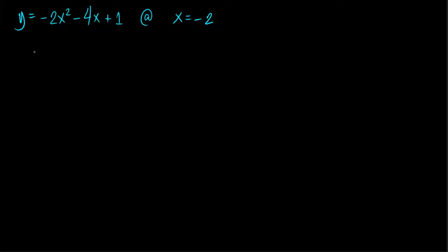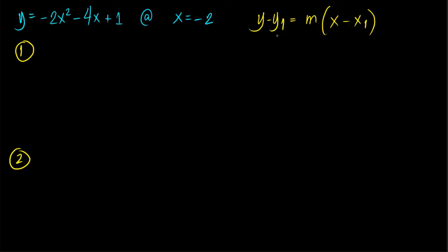Okay, so we can do step 1, derive. We can do step 2, substitute x. But remember guys, for step 3, we are using the point slope form of equations. So, as we can see, we are going to need y.